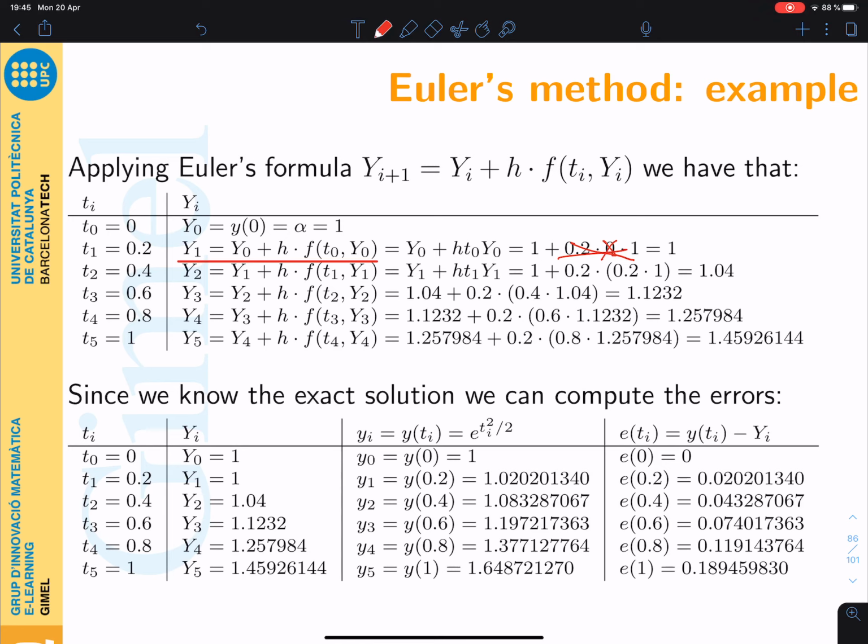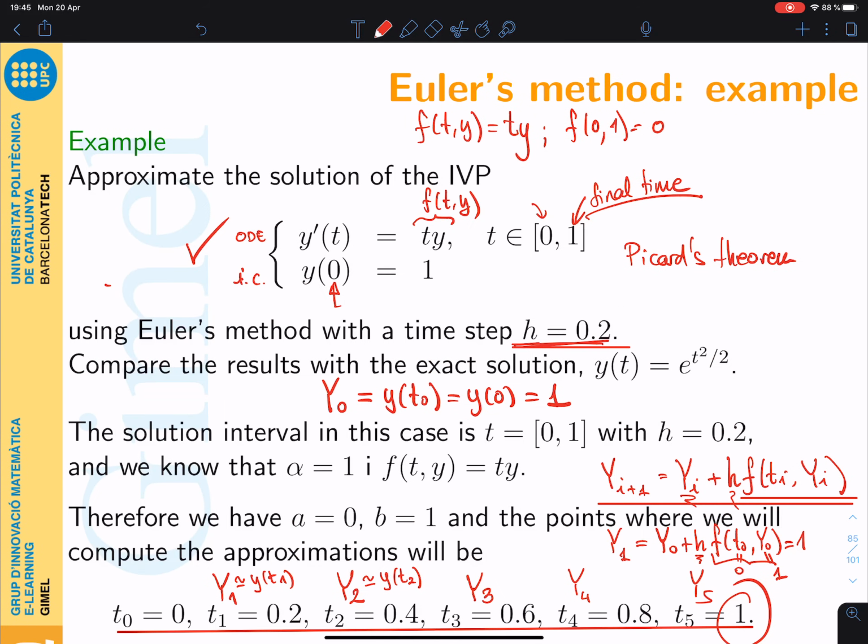So you can check here, try to do it by yourself, and then check that you get these results as approximations of y2, y3, y4, and y5. Okay? In this specific example, we know how to compute the exact solution of the problem. It was written here.